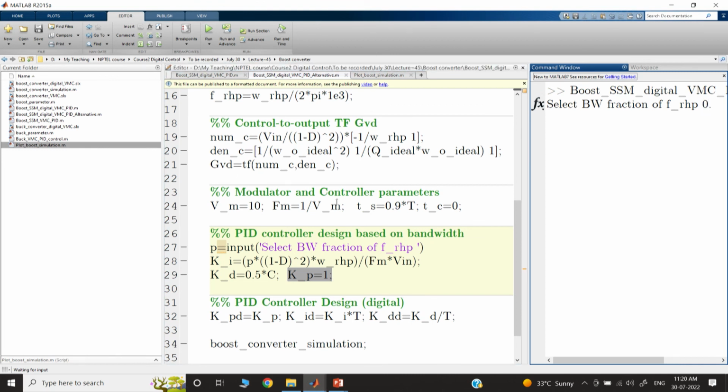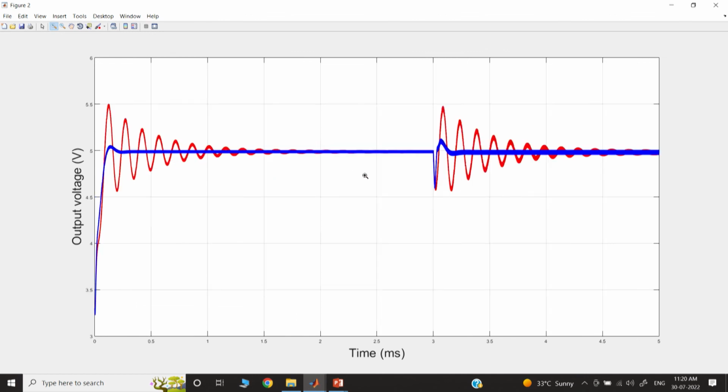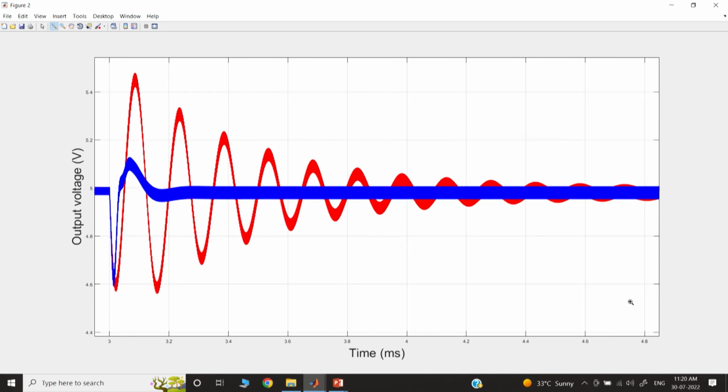Again we are setting 0.3 times, and you can see the blue color is the alternative design method, which is much better than the stable pole-zero cancellation. You can get a better response using stable pole-zero cancellation by properly shaping the output impedance of the boost converter.